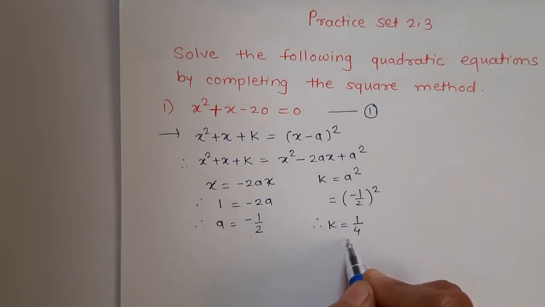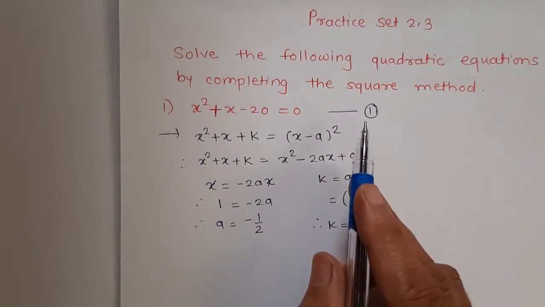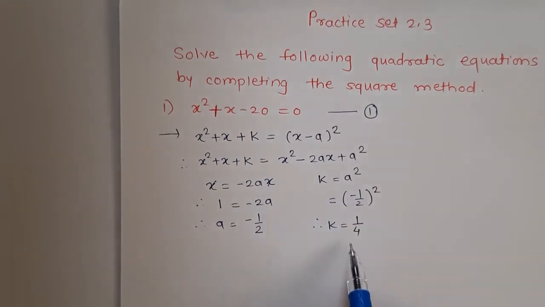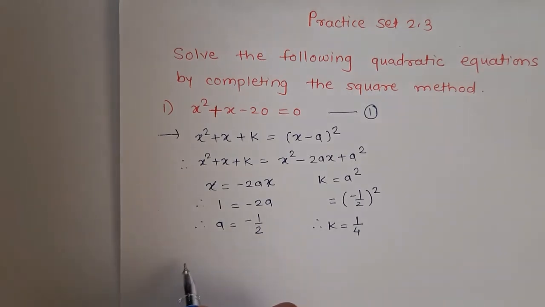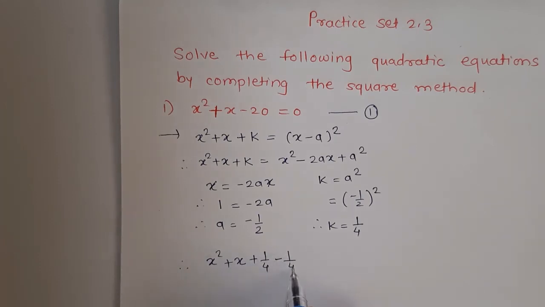Now we have to put the value of k in equation 1. But when we write this value of k, at that time we have to do the addition and subtraction. That means we have to add the term as well as subtract the term. See here, after adding and subtracting the term, we get x square plus x plus 1 upon 4 minus 1 upon 4 minus 20 equals to 0.